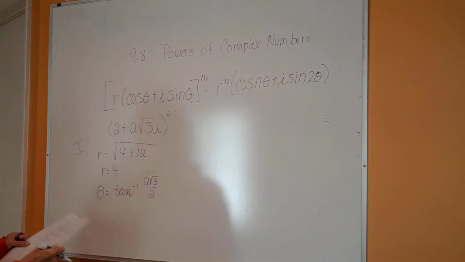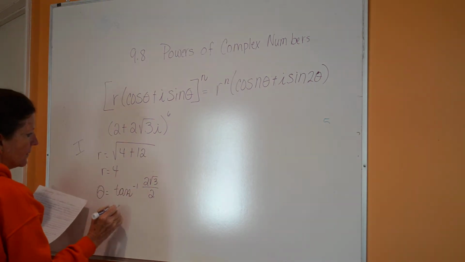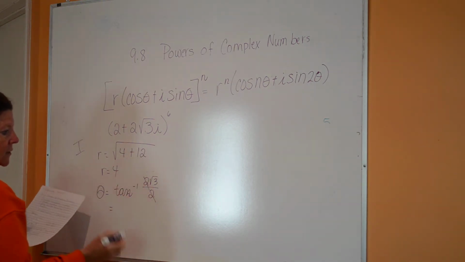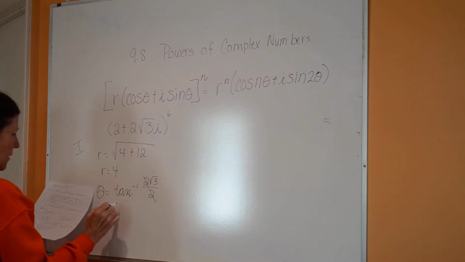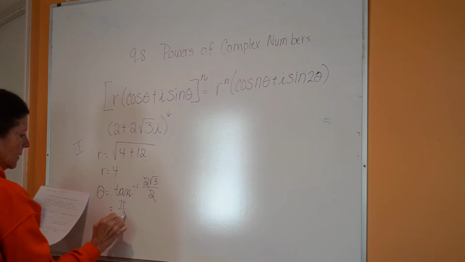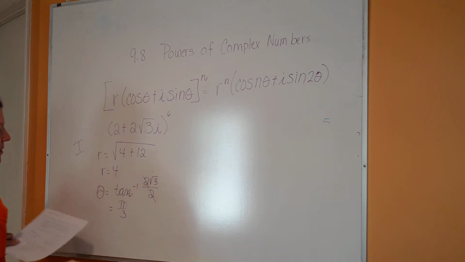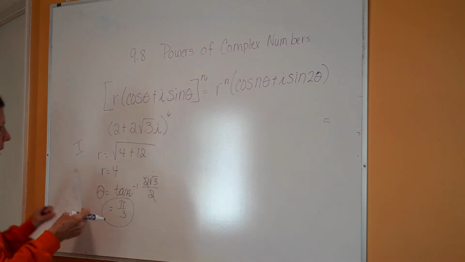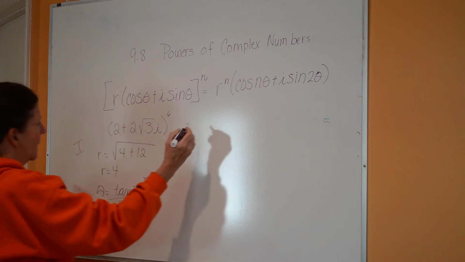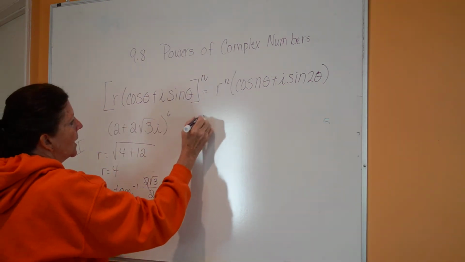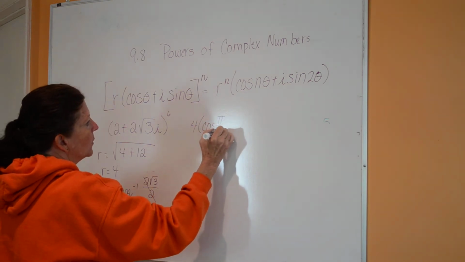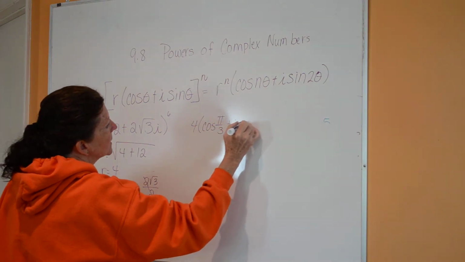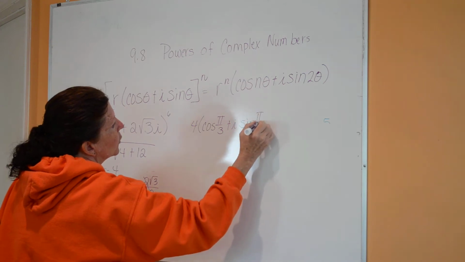And when I do that, I'm going to get the square root of 3, so at pi over 3, the tangent is the square root of 3. Okay? So now I can put it in that form right here. So I have 4 times the cosine of pi over 3 plus i times the sine of pi over 3.